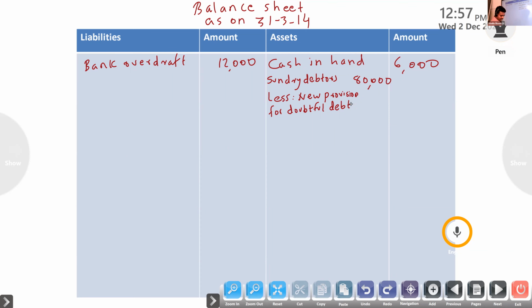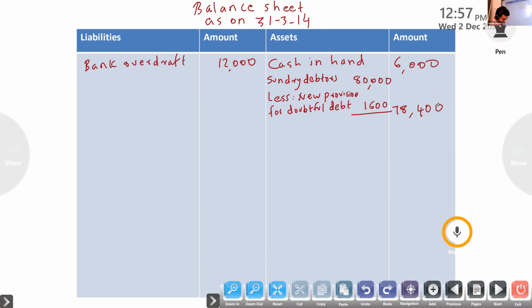Already we calculated in the profit and loss account, 1,600. No provision for discount on debtors, no further bad debt, only one adjustment. So 78,400.